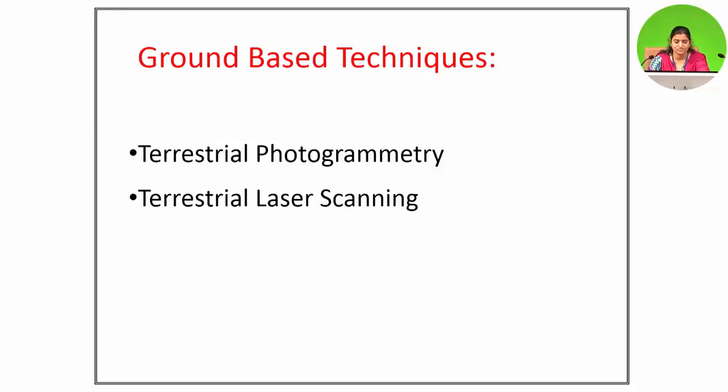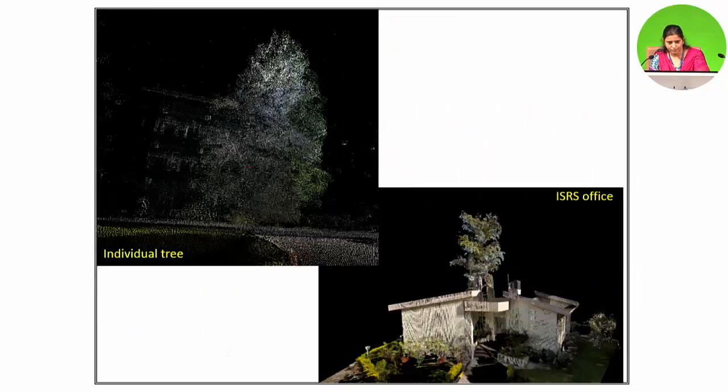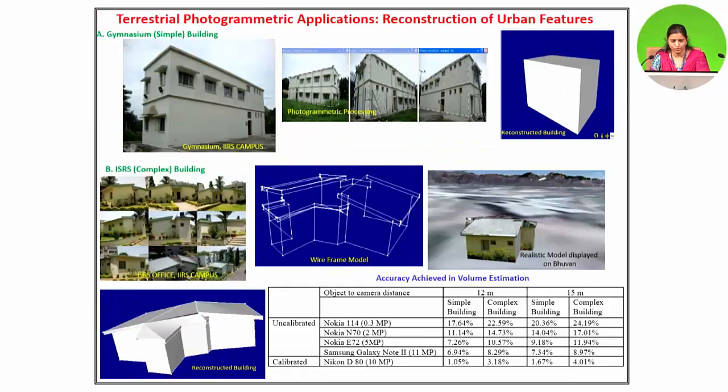In terrestrial laser scanning, thousands and thousands of pulses are sent within a second, so thousands and thousands of points are returned within a second. So a very dense point cloud is generated, which can ultimately be converted into a solid 3D model. One by one, we will start with terrestrial photogrammetry.